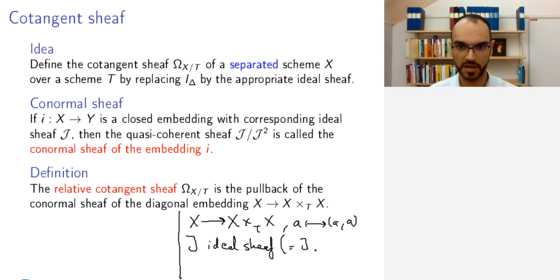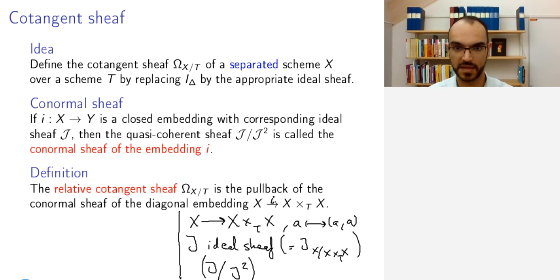Namely, this is J of X in X times X over T. And this ideal sheaf is a sheaf over the fiber product. If we take it and mod by J squared, it will still be a sheaf over the fiber product.